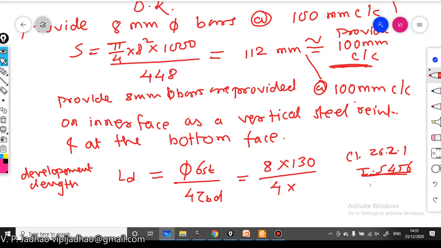There is one table on page number 42 which gives the value of tau BD for Fe415 bars as 1.6. You just check this value, because I have not opened that particular IS 456. So we get the value of development length as 163 mm.